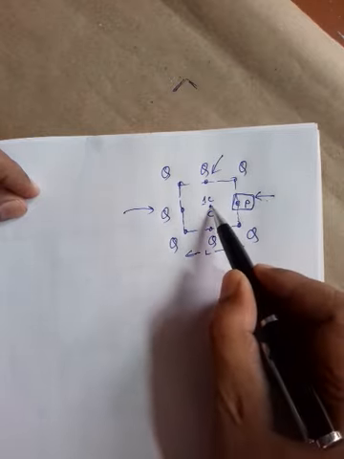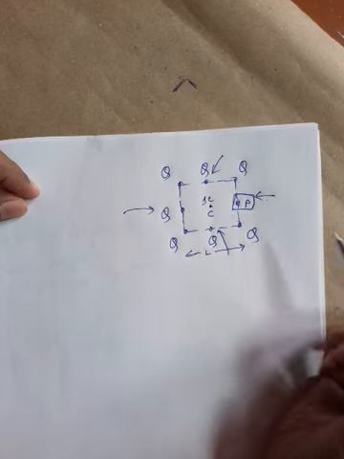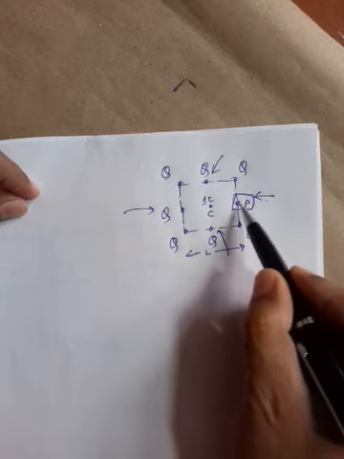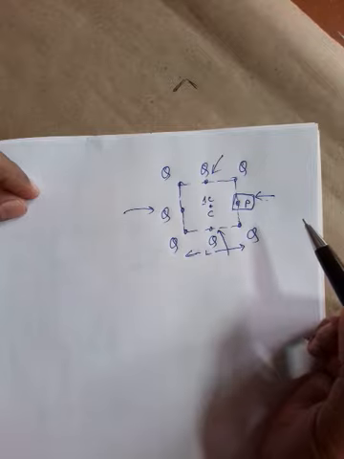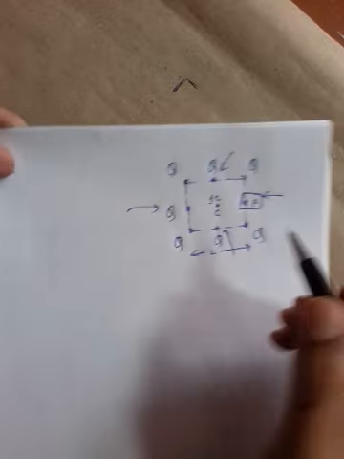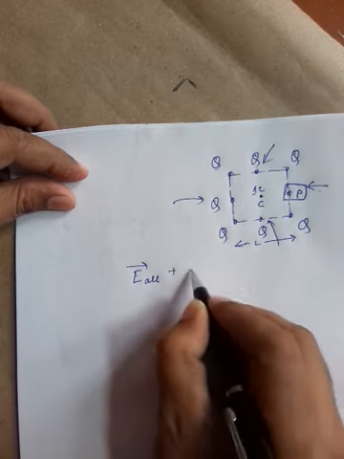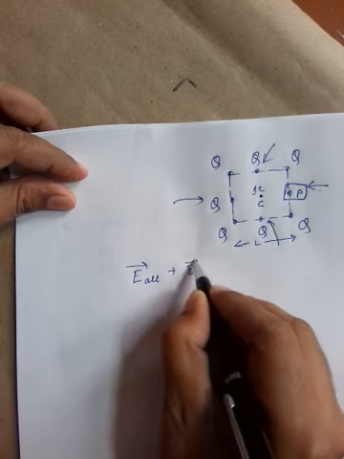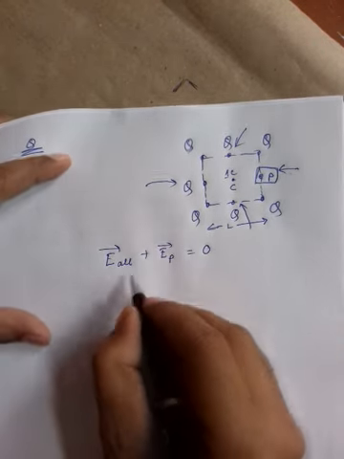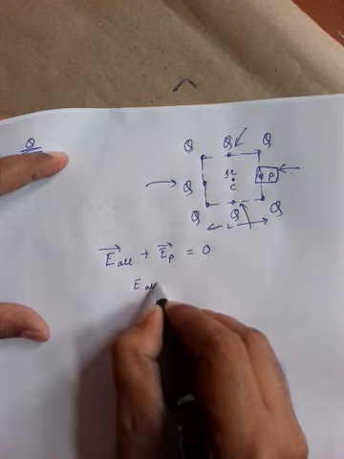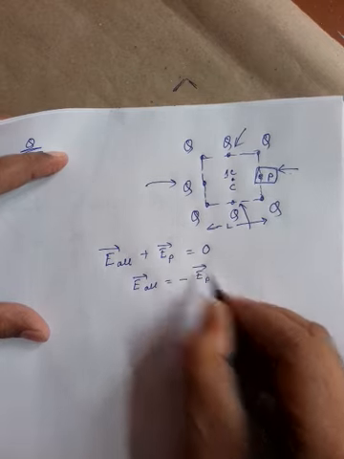In that way, the total field or total force acting on that 1 coulomb charge placed at the center will be 0. But as point P carries no charge, you cannot say it is 0 now. So what is the idea? Field because of all the charges plus field because of the charge at point P together will be 0. Are you getting my point? We need the field because of all the charges. So it should be equal to minus of the field because of the charge at point P.